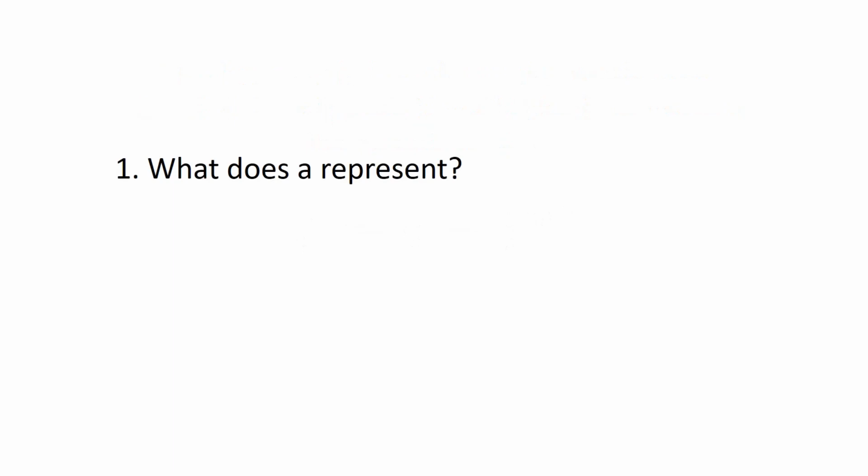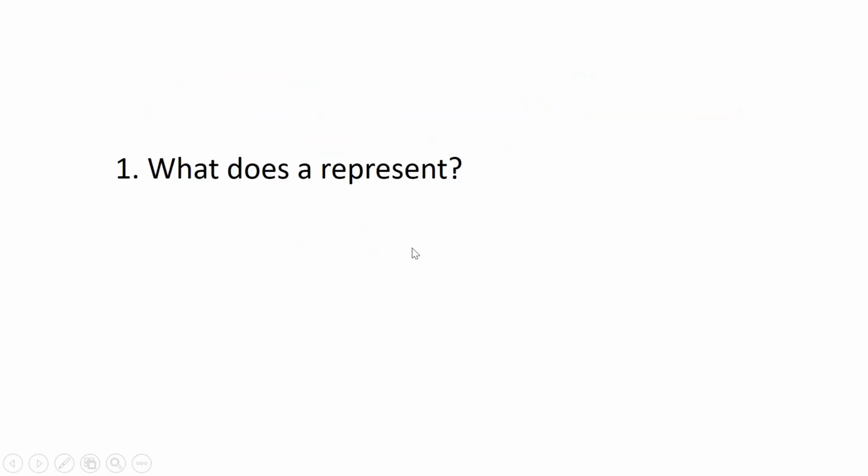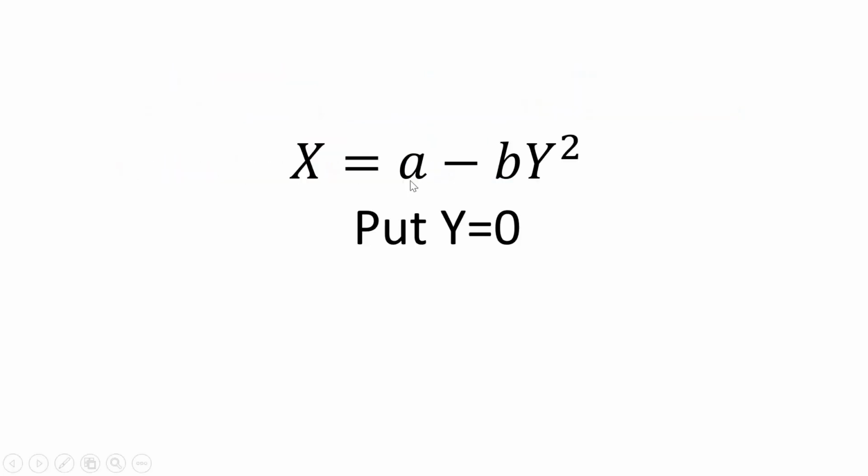Our first duty is that we have to tell what A represents. In the function, we have A. So this A, what does it represent? Let's put Y to 0.